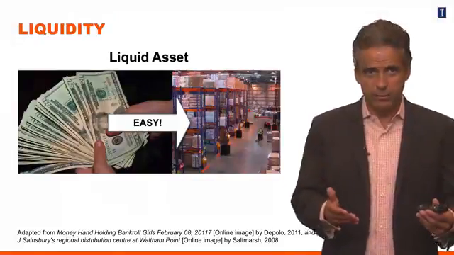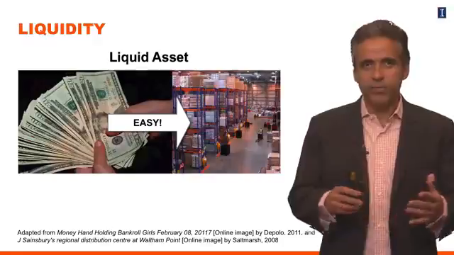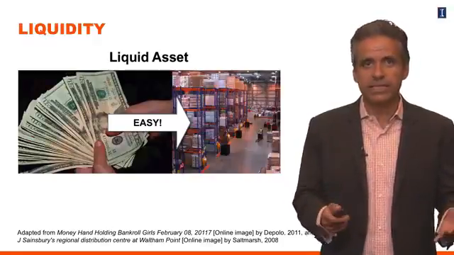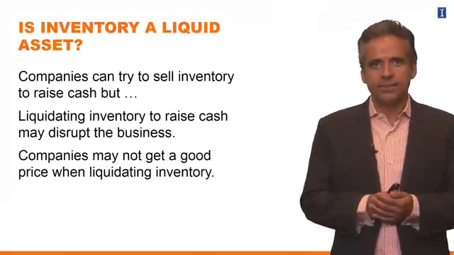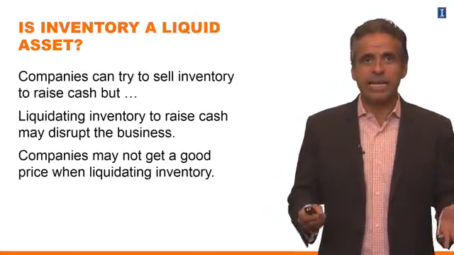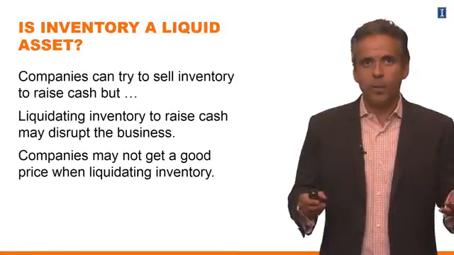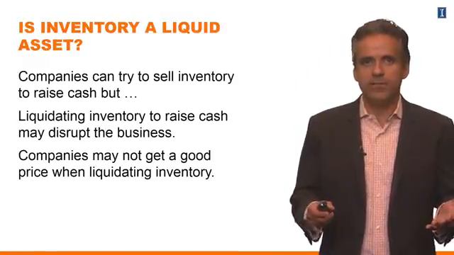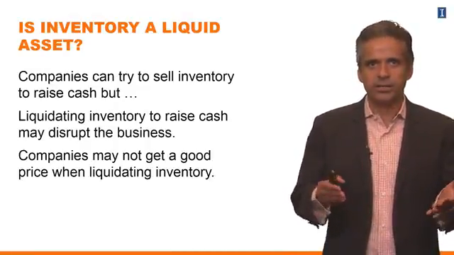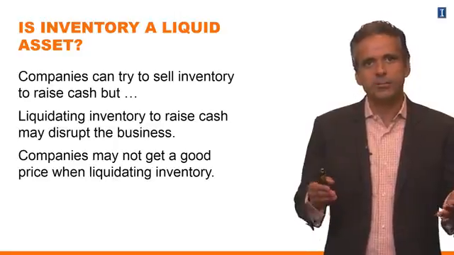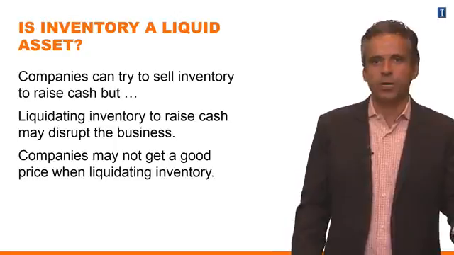Really what we're trying to understand is whether a company like BE Aerospace has sufficient current assets to cover its current liabilities. So is inventory really a liquid asset? Of course companies can try to sell inventory. If you run into a liquidity problem, you can use inventory to raise cash, but you might have problems. Liquidating inventory to raise cash is going to disrupt the business.